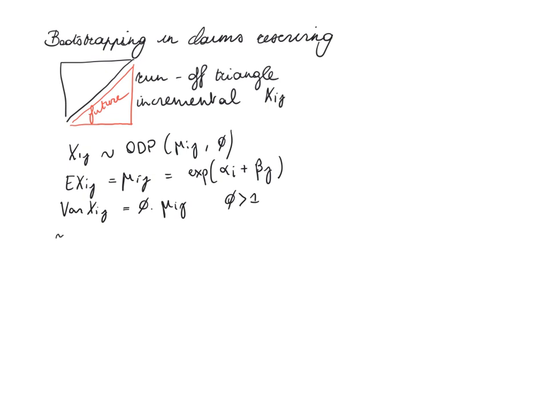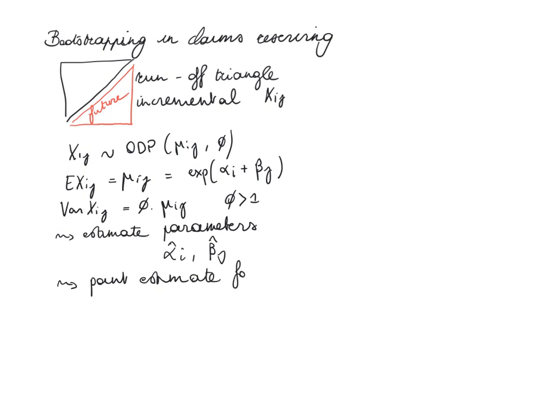So we would estimate the parameters, for example, with maximum likelihood. That would give us alpha hat i, beta hat j, and then we can get a point estimate for the outstanding claim amount, that is the amount that corresponds to this lower triangle for the future.